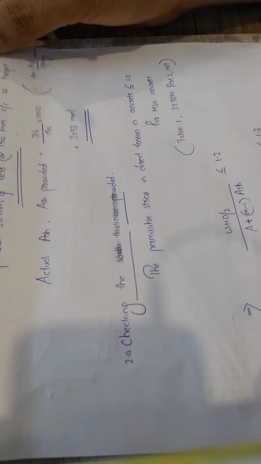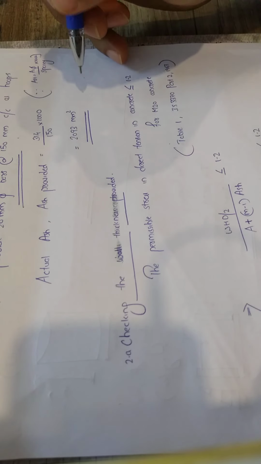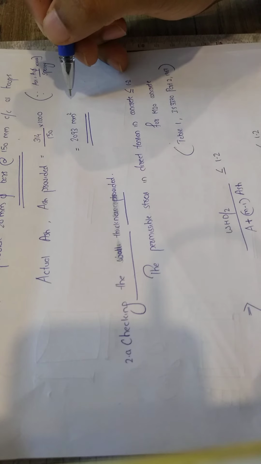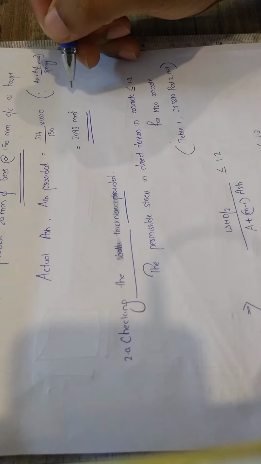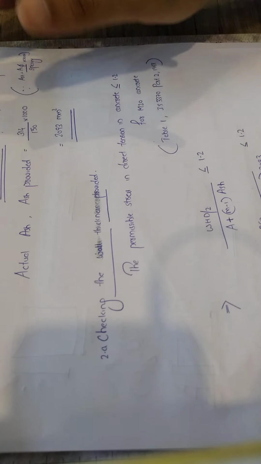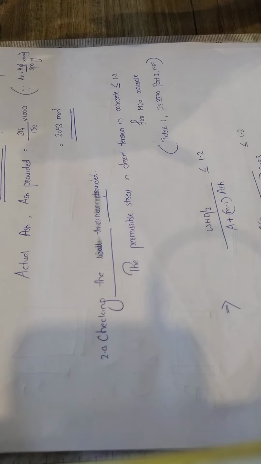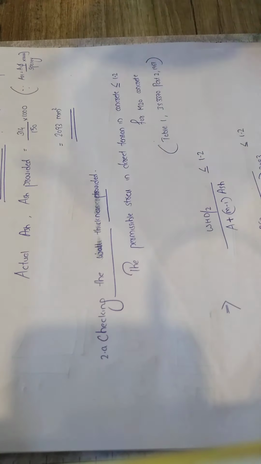So after this we found out the section thickness, the wall thickness, and we found out the hoop reinforcement. Then we have to check whether the wall thickness which was found through the empirical formula is correct or not. So that is the first check, checking the wall thickness provided.